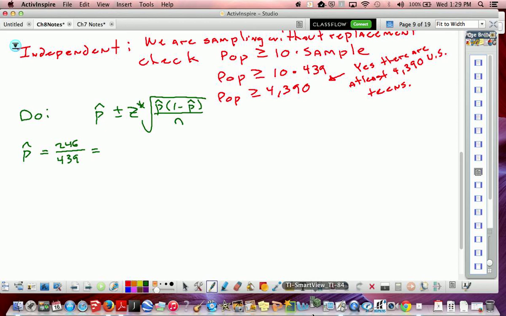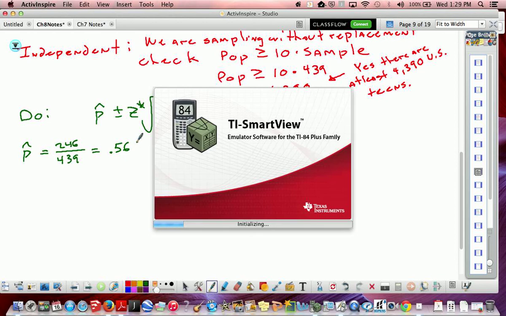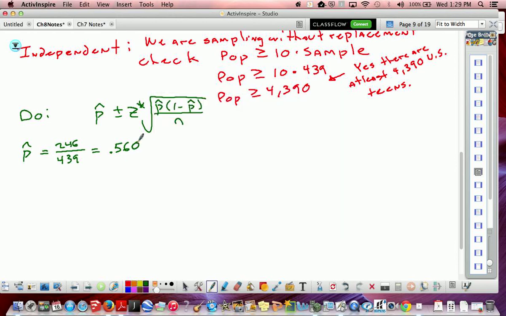Okay, I believe you are correct. It's like 0.56 and actually 0.560 if I were to go out 3 decimal places. Sorry, just letting the calculator warm up here. What's our n? 439. So I got all these values, but I still need to get one more.